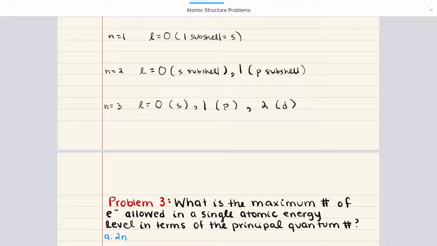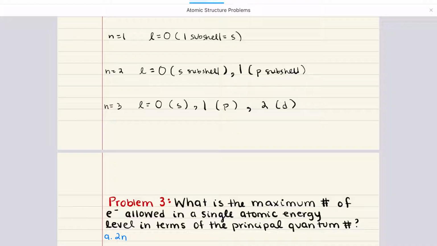Now each subshell consists of a certain number of orbitals, and each orbital can hold a maximum of 2 electrons. We can determine how many orbitals are in each subshell and for each given energy level. So let's work with this information we have, and we can tell the number of orbitals we have from the magnetic quantum number, right? Because the magnetic quantum number can take on values from -L to +L, including 0.